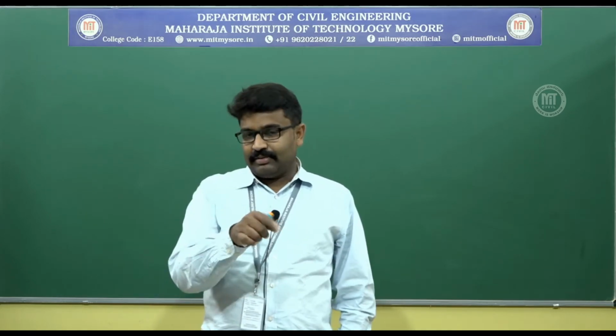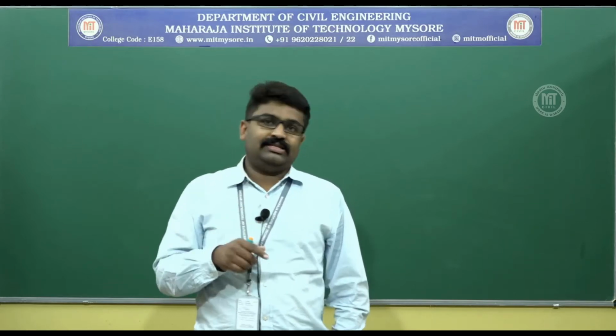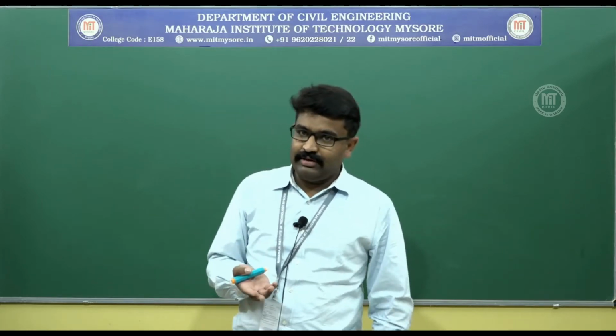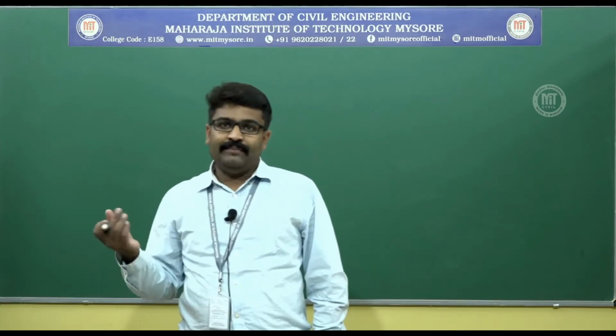Because CD is given in the problem, A1 and A2 can be found out using D1 and D2. H, for a horizontal venturimeter, is P1 by rho g minus P2 by rho g.